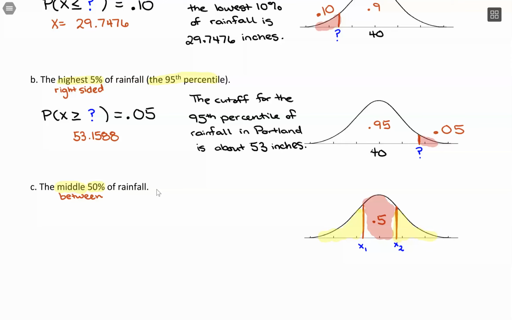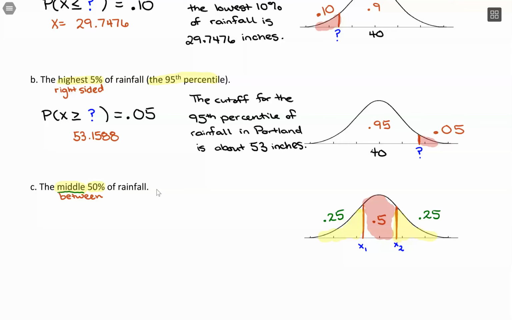So that yellow shaded area has a total area of 50% right now, so that everything adds up to 100%. And what I want to do is cut that in half. So this would be 25%, and this would be 25%. And the key is that because they told us it's a middle 50%, we have that symmetry occurring.